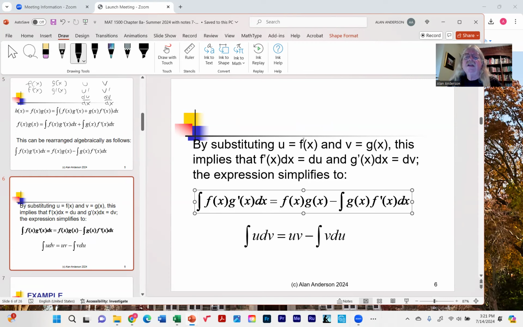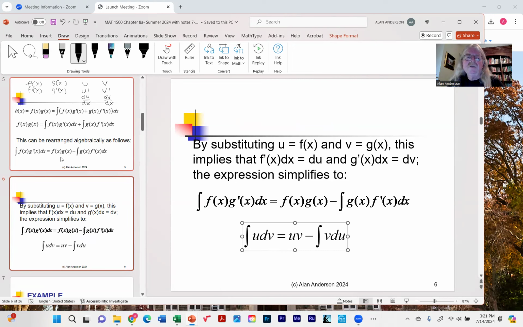Okay, so remember, u is now the f of x, v is g of x, so that f prime of x dx is du, and g prime of x dx is dv. So if you run across a situation like this, you're taking the integral of u dv, then you can use this technique of integration by parts.